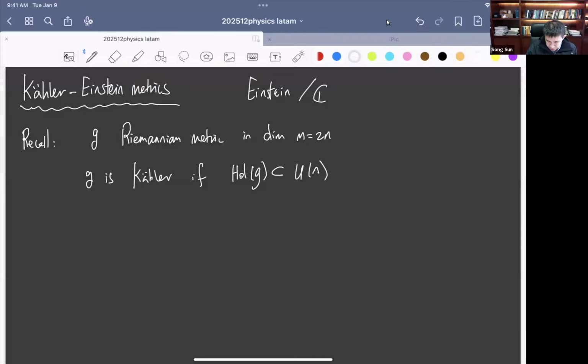Here I consider the full holonomy group. Before I put a 0 here, that means you consider loops which are contractible. But here we consider all loops.